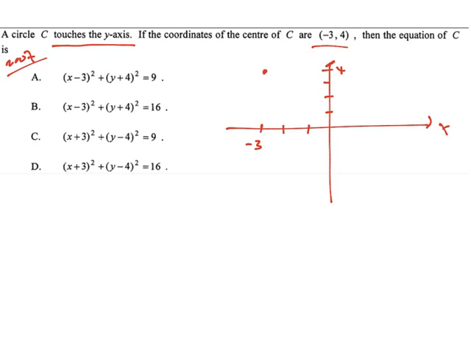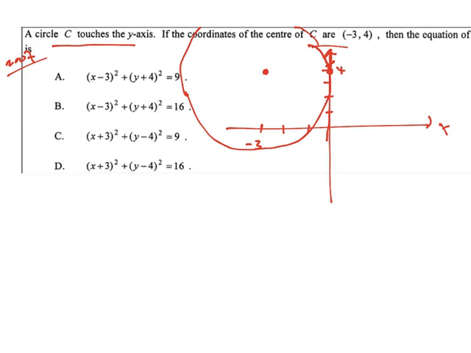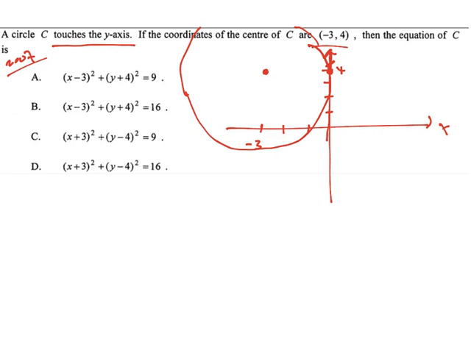And then it touches the y-axis, so that means the circle just touches the y-axis. The y-axis is here. Maybe the circle is very large, maybe like this, so it touches the y-axis. That means when you compare the distance, the radius is 3. Get it?